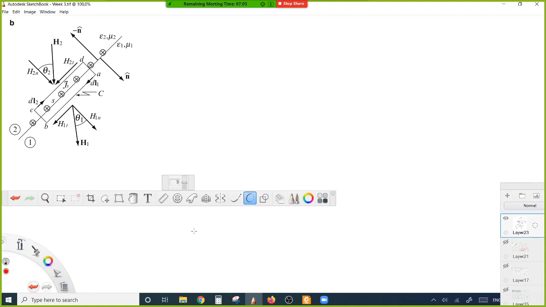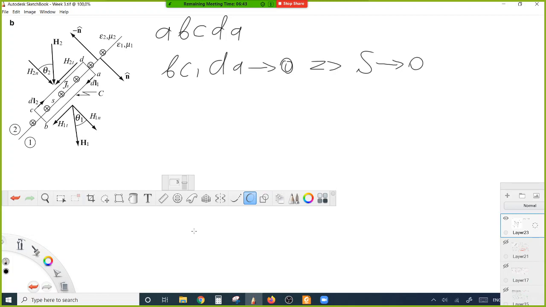So if we consider path ABCDA, BC and DA tend to 0, that's why the surface S also tends to 0. The tangential component of the magnetic field intensity in each material is in the same direction.